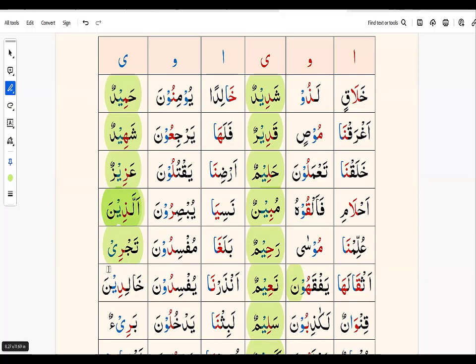So this is the rule, ya mad. If there is ya sakina, which we can see ya with a jazm, a sukoon on top, and we see the letter preceding, the consonant preceding before, so we can see it is ra. We see what stroke it has. We see what type of sign it contains. If it is a kasra, then we know it is ya madiyah, which you performed very well, alhamdulillah.